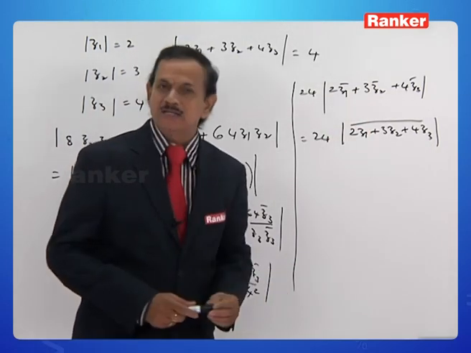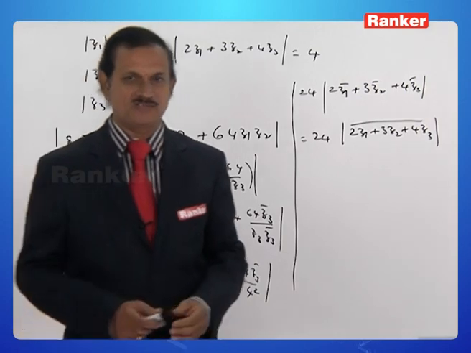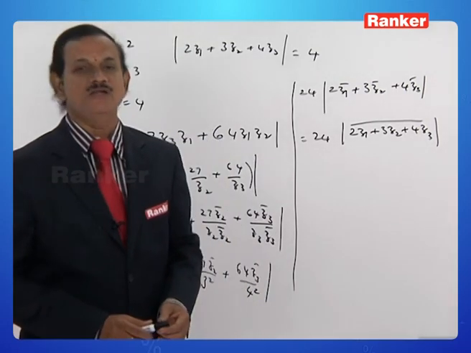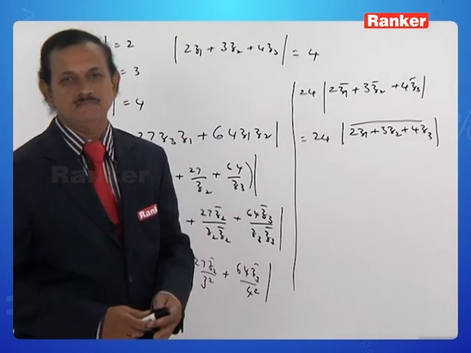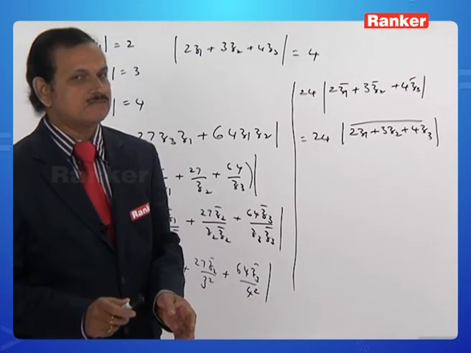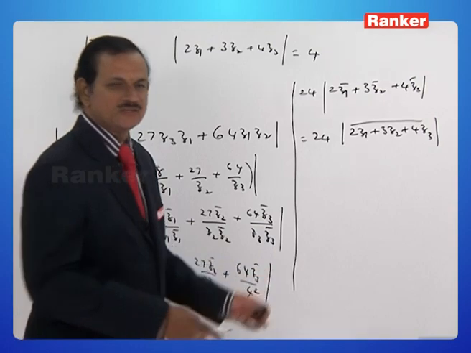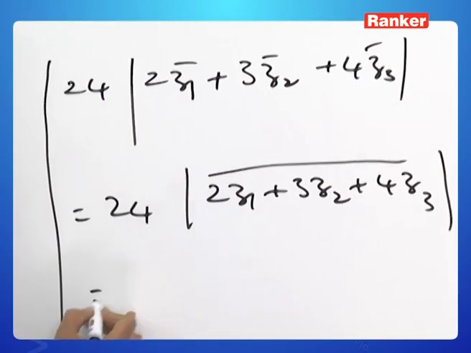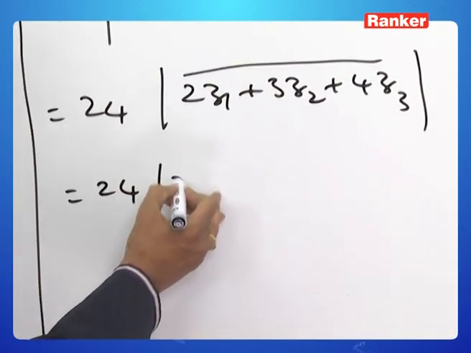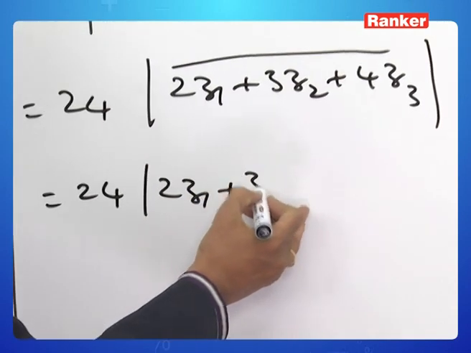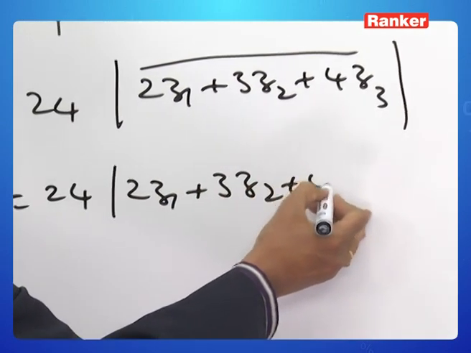Again, another important concept regarding modulus of complex numbers is mod Z is equal to mod Z bar. That is, a complex number and its conjugate will have the same absolute value. Basing on that, this can be taken as 24 into modulus of 2Z1 plus 3Z2 plus 4Z3.